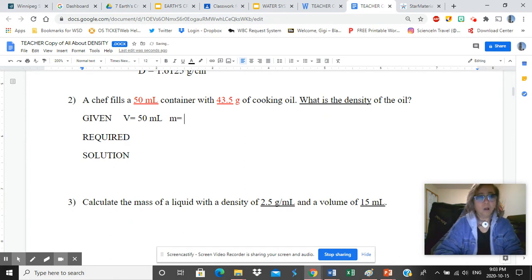So this is now 43.5 g. And the problem clearly says, what is the density of the oil? So D is asked. You know what you're looking for, then you can go now to the solution.